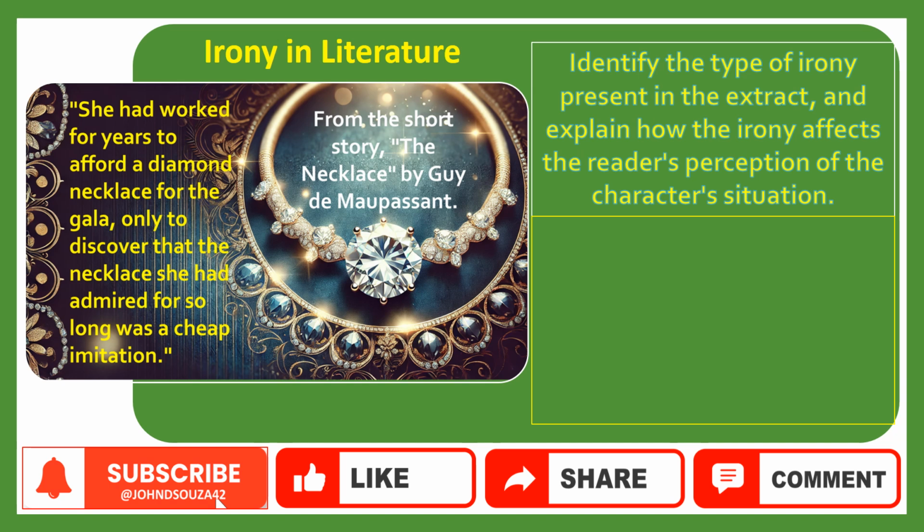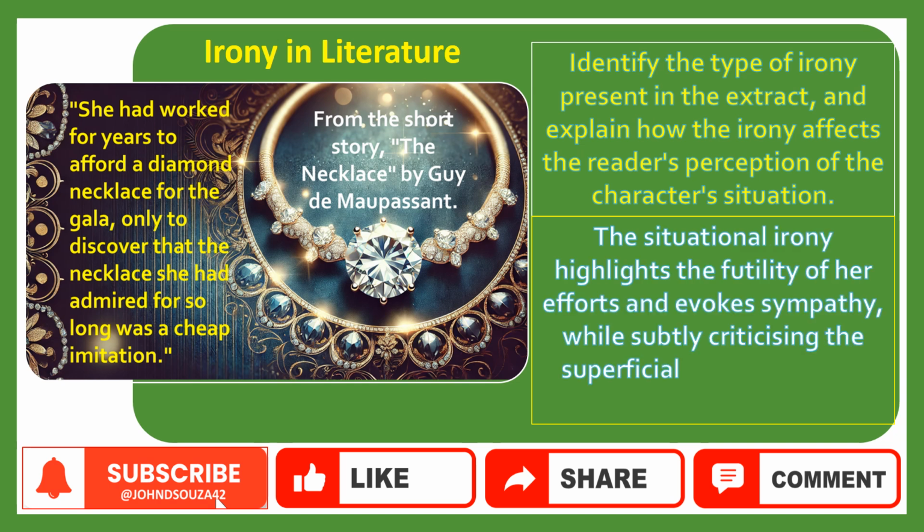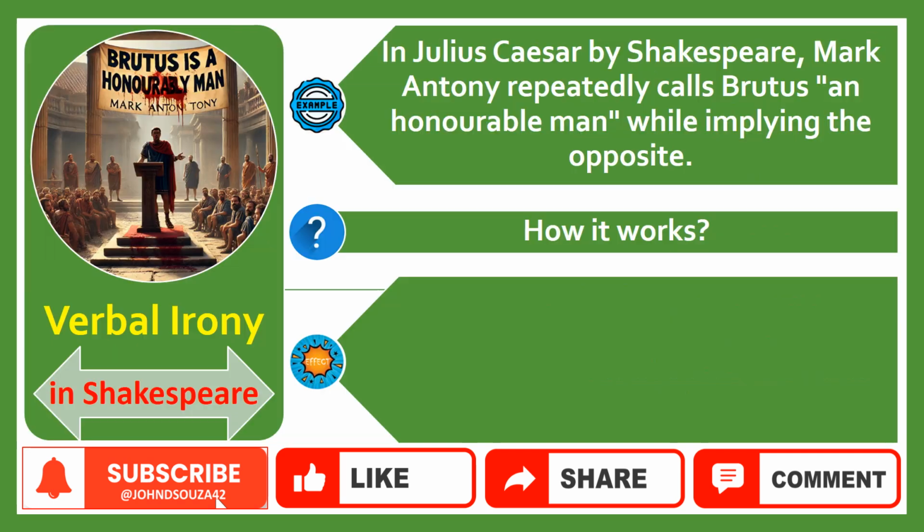Pause the video to do so. It's a situational irony that highlights the futility of her efforts and evokes sympathy, while subtly criticizing the superficial value placed on material possessions.